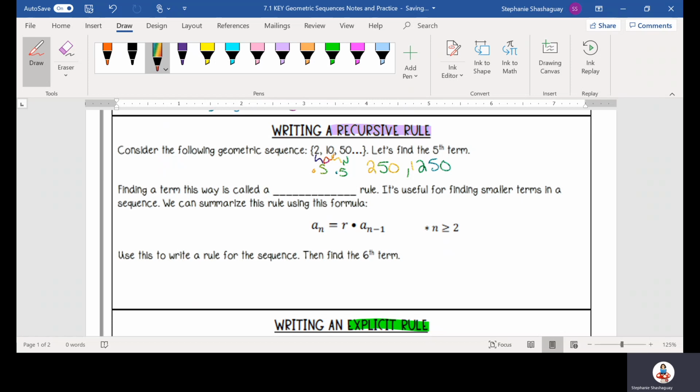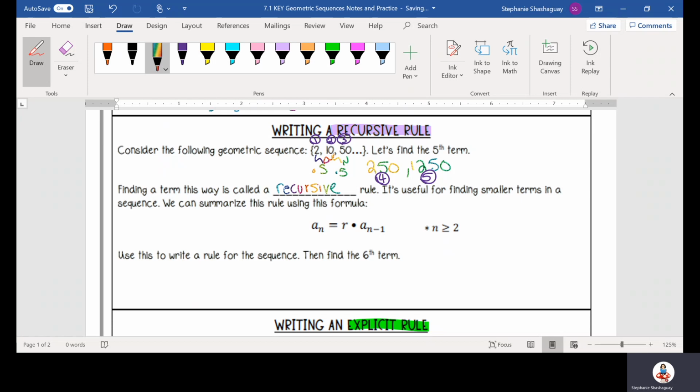And that is our fifth term, because this is our first, our second, our third, our fourth, and our fifth term. Finding a term this way is called a recursive rule. It's useful for finding smaller terms in a sequence.